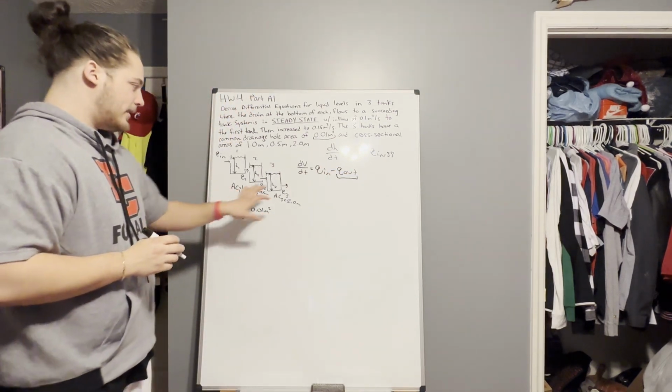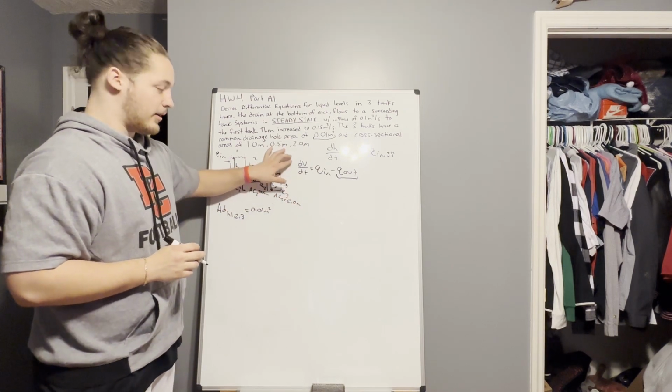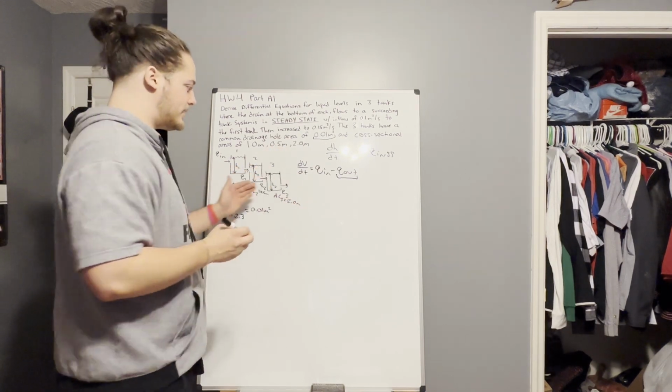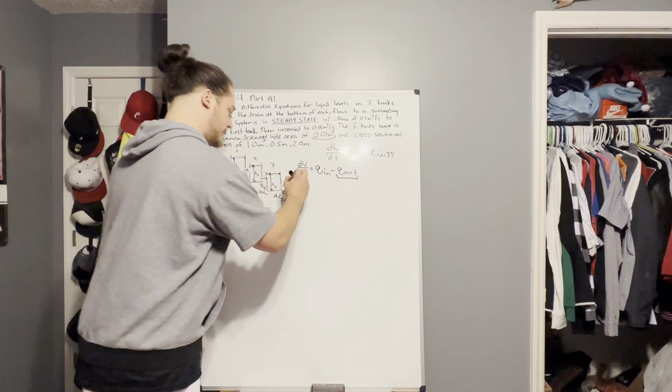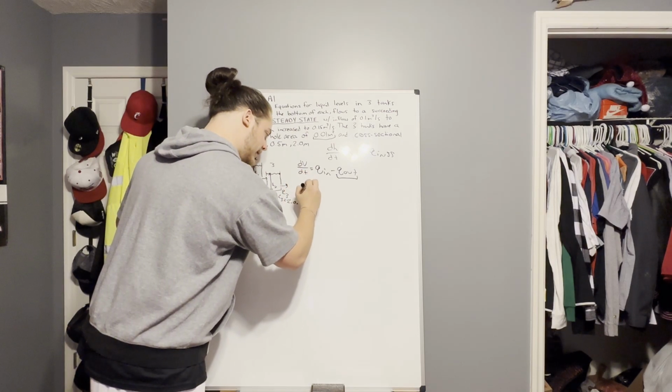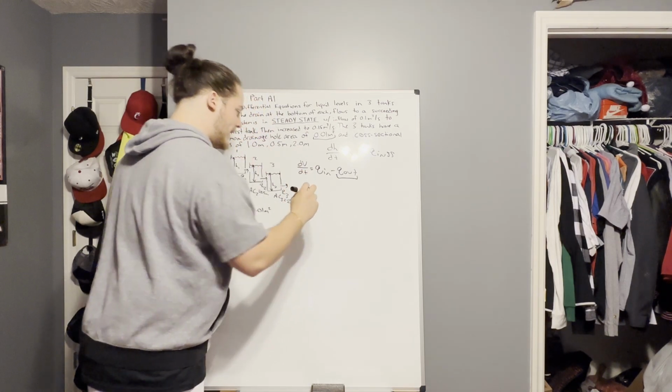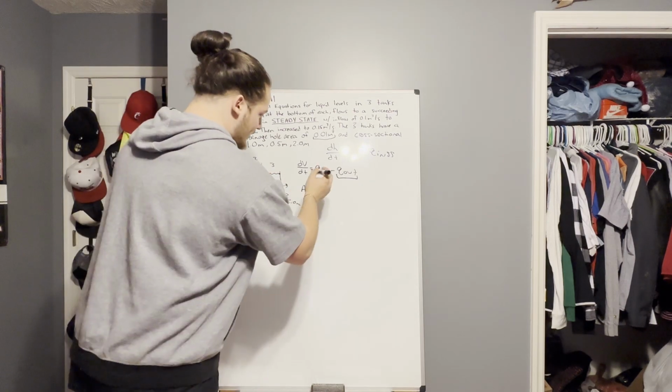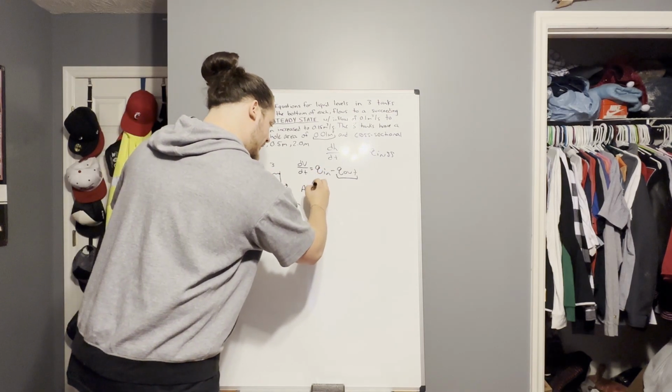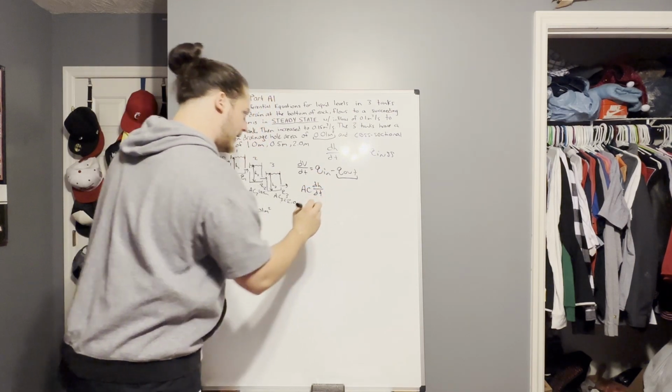So we can rewrite our differential of volume with respect to time as our cross-sectional area times the differential of height with respect to time.